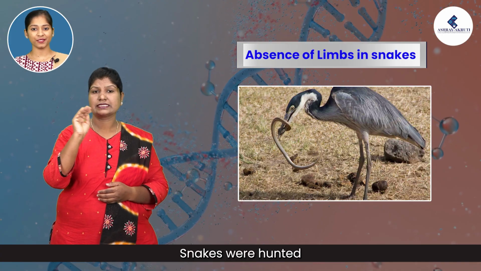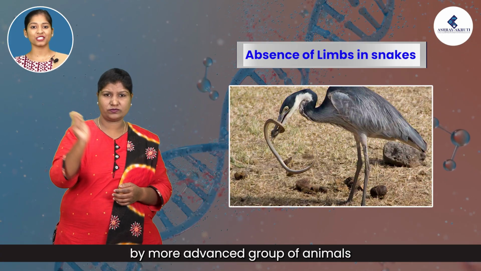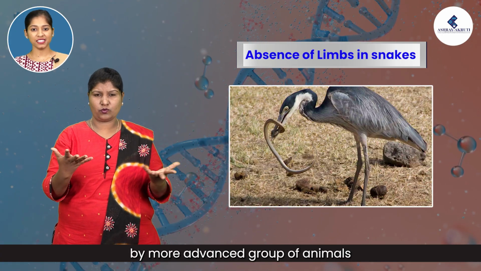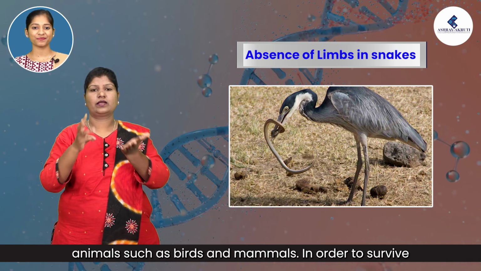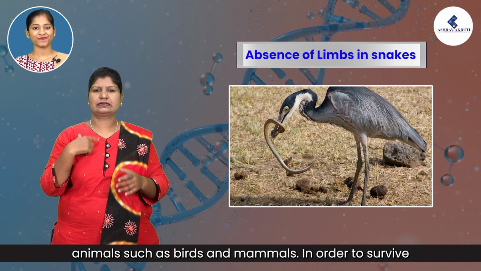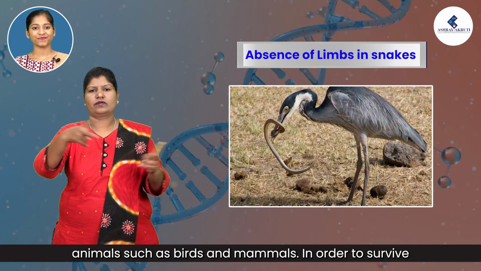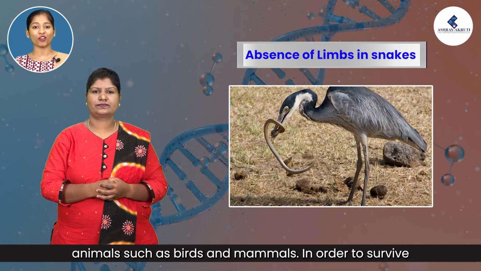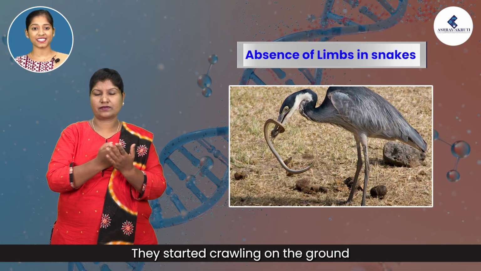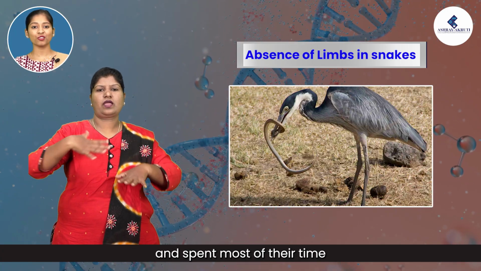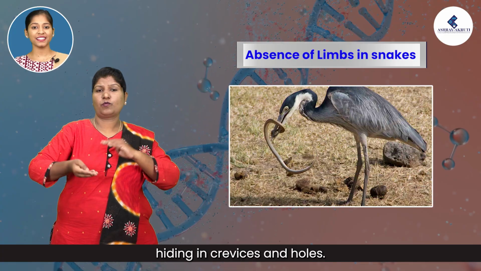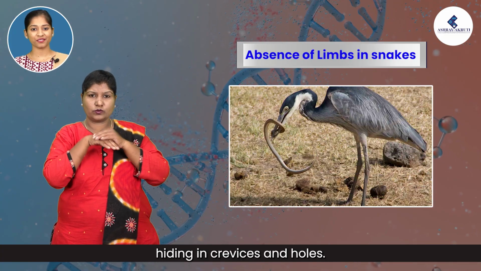Snakes were hunted by a more advanced group of animals such as birds and mammals. In order to survive, they started crawling on the ground and spent most of their time hiding in crevices and holes.